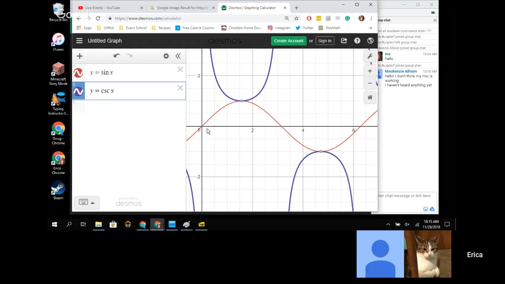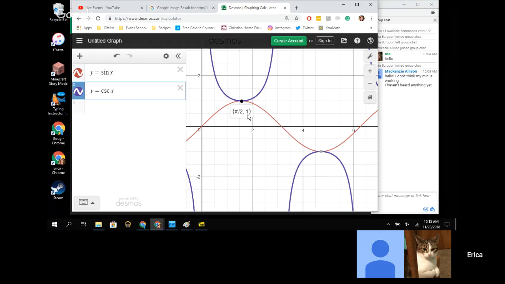Okay, so right here, this is the easy one. If the sine of pi over 2 is 1, then 1 over the sine of pi over 2 is also going to be 1, because the reciprocals are opposite each other.